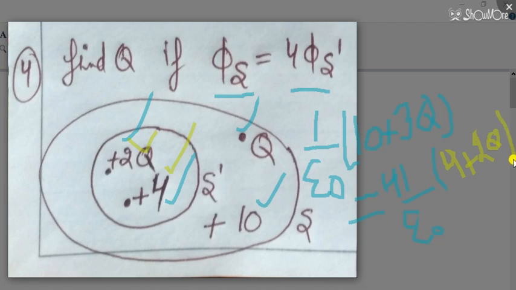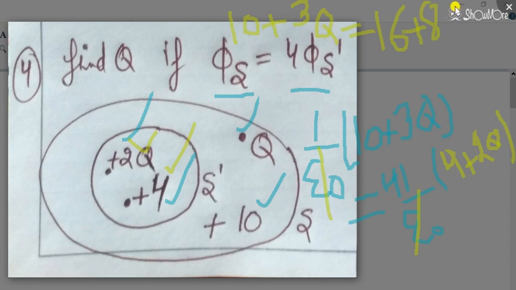If you solve further, epsilon naught gets cancelled, and 4 fours are 16, so 16 plus 8q. So 10 plus 3q equals 4 fours are 16, so 16 plus 4 twos are 8, so 8q.